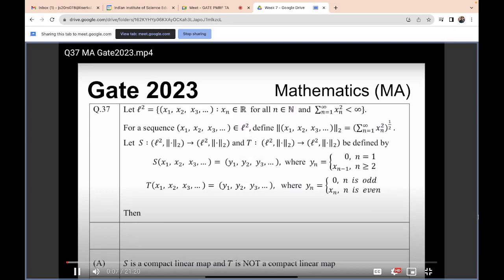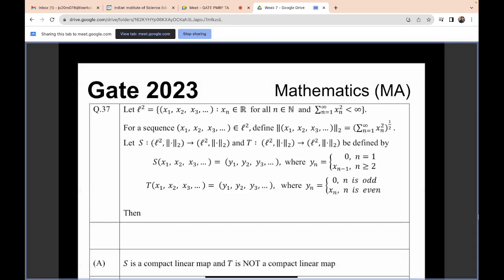Okay, so today we'll solve a mathematics GATE 2023 question. This is a question from functional analysis. It is question number 37. It is saying that let L2 be the sequence space of square summable sequences, and for a sequence in small L2, the norm is the square sum to the power half.